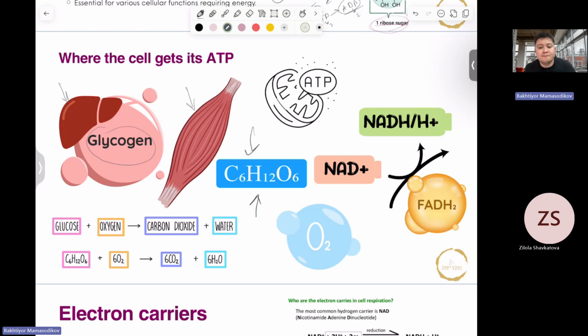Okay, so when we need the glucose, the glycogen is like a saving account of the glucose which is stored in the liver and in the muscle cells. Okay, so when our body needs the glucose molecule, the glycogen will be broken down into glucose with a special hormone which is called glucagon.